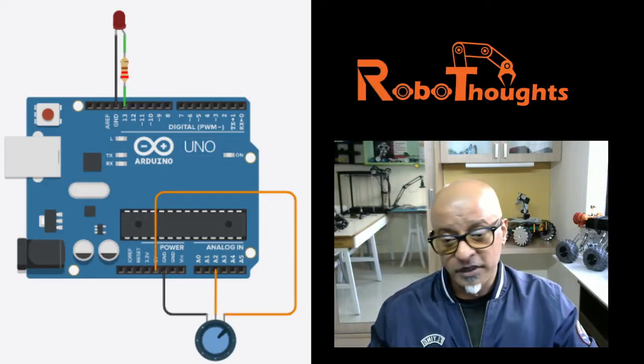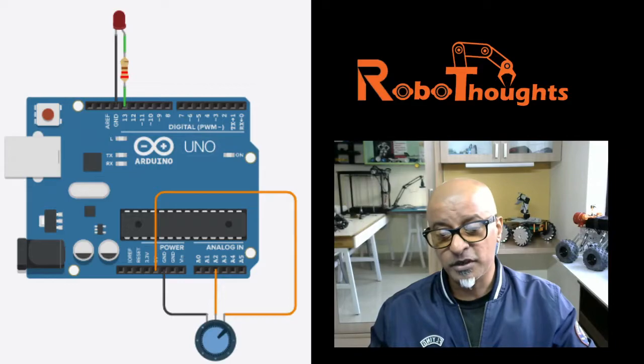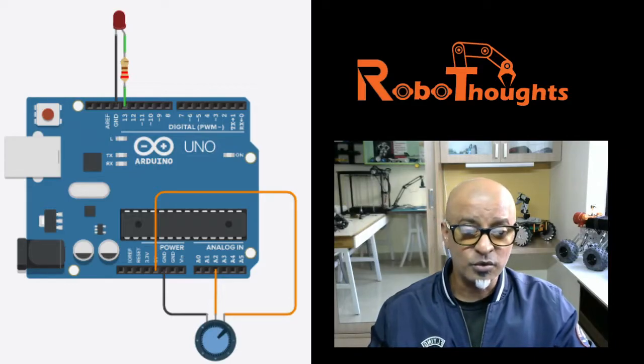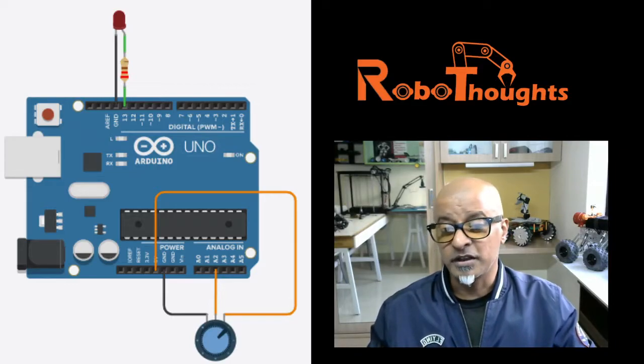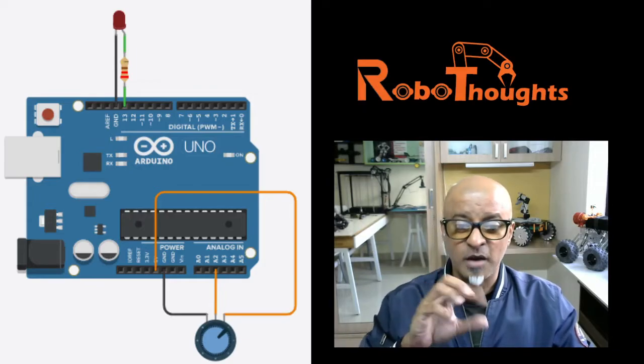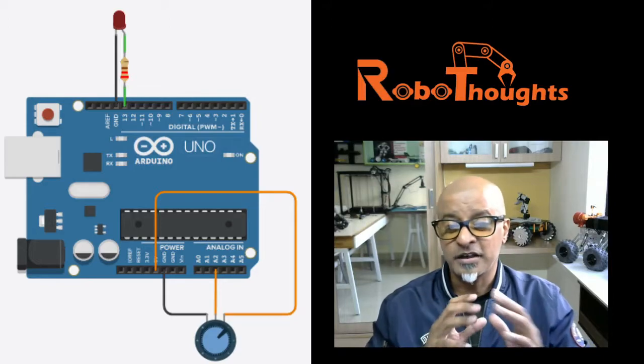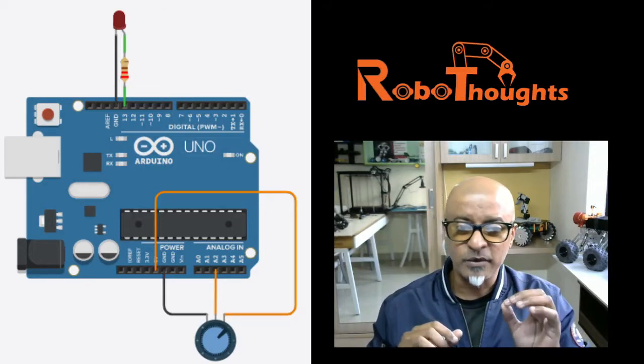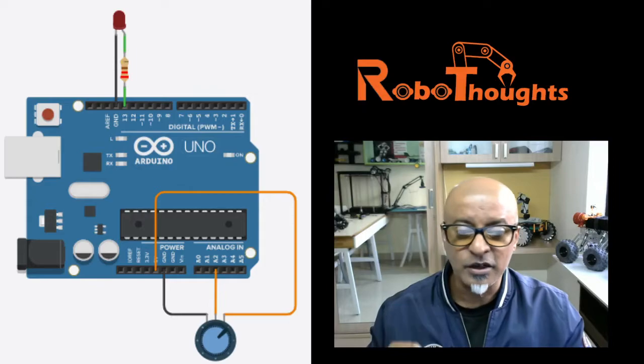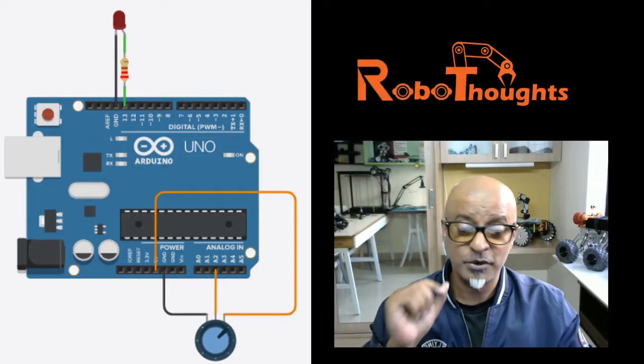So in this circuit, we have connected the potentiometer to the analog pin 2 of the UNO board. When the shaft is turned, the amount of resistance on either side of the potentiometer changes, and the distance between the pin connected to 5 volt and the ground gives the analog input, right? So keep a note of this.